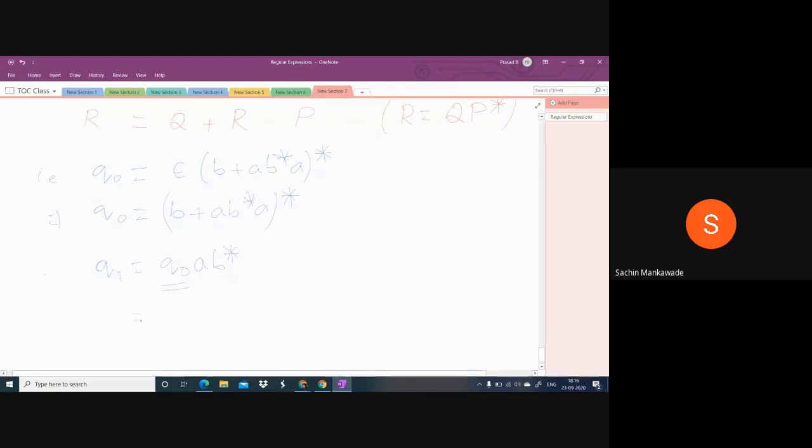Q1 is equal to Q naught, which is what? Q naught is B plus AB star A whole star, followed by this AB star. Here in the Q naught place, I have substituted this one. So this is for Q1, and Q1 is the final state, and we want the expression for the final state. So this is the expression.